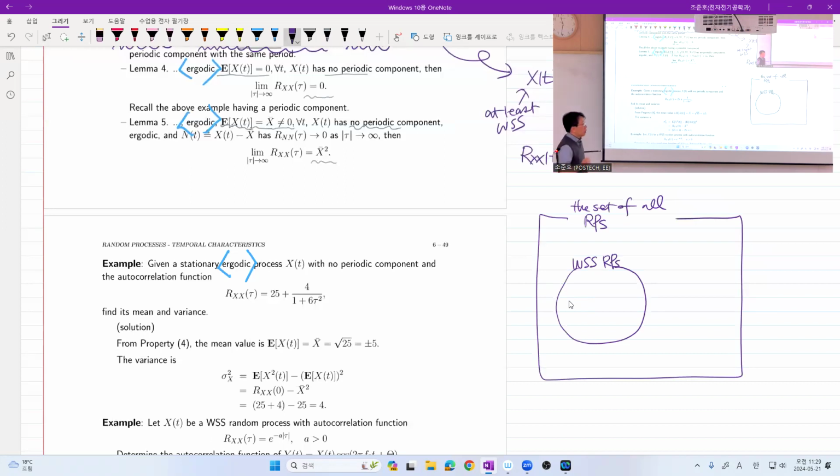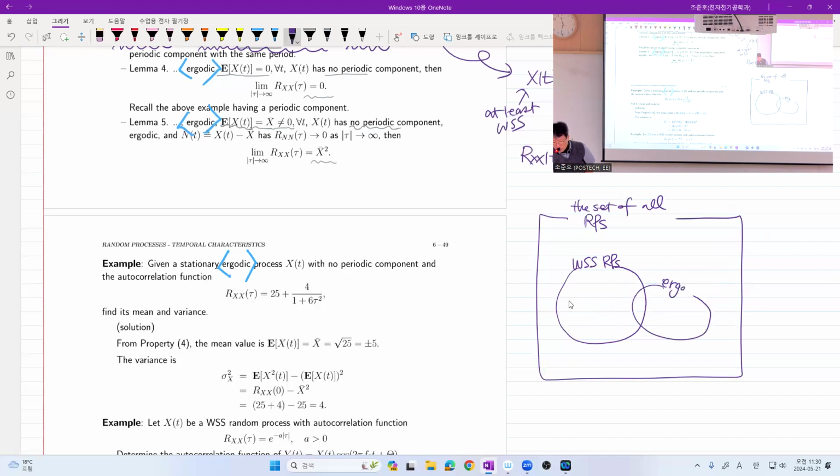Okay. What about ergodicity? Ergodicity means something like this in a wide sense. Some people say ergodicity is inside this stationarity, but actually that is not necessary. So, okay, let me draw it small.